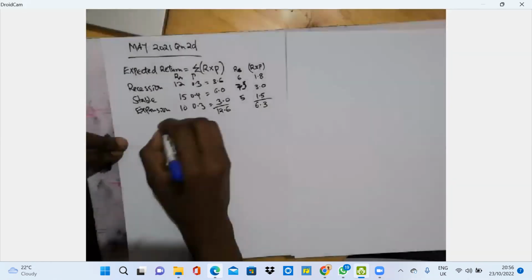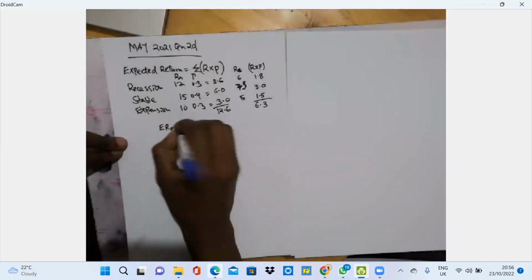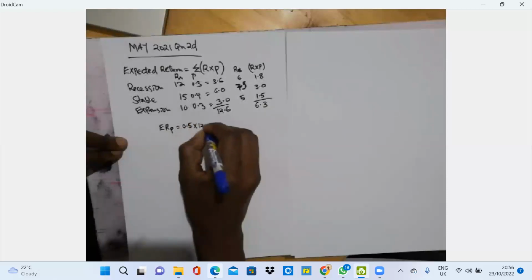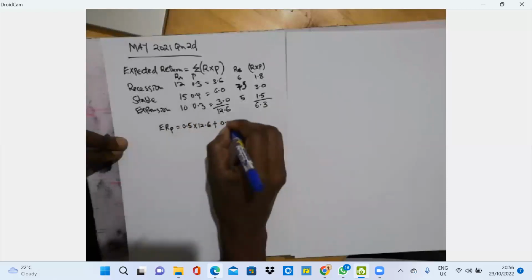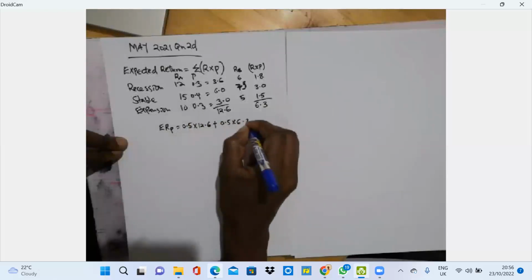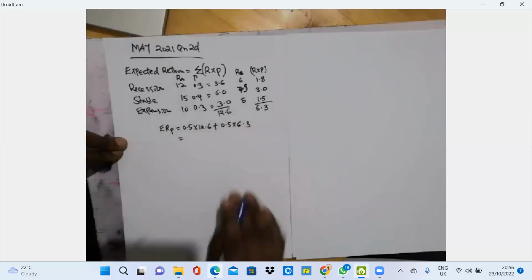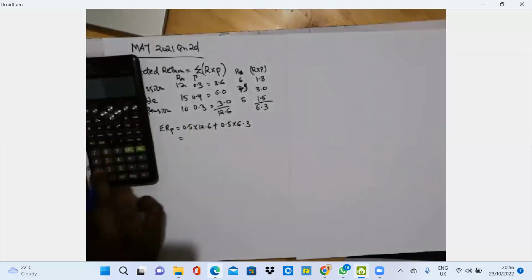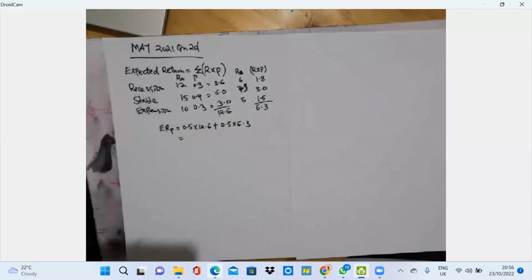The expected return of the portfolio is 0.5 times 12.6 plus 0.5 times 6.3, that is 9.45.